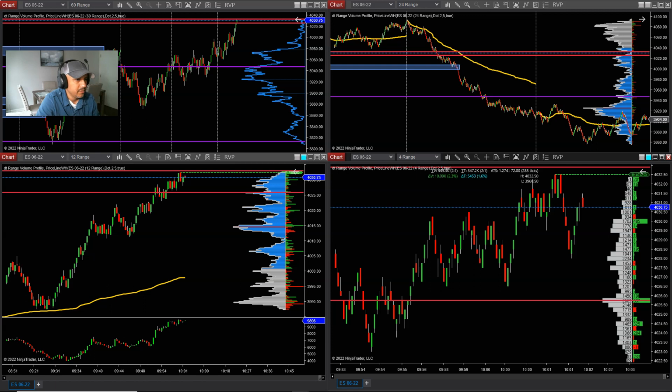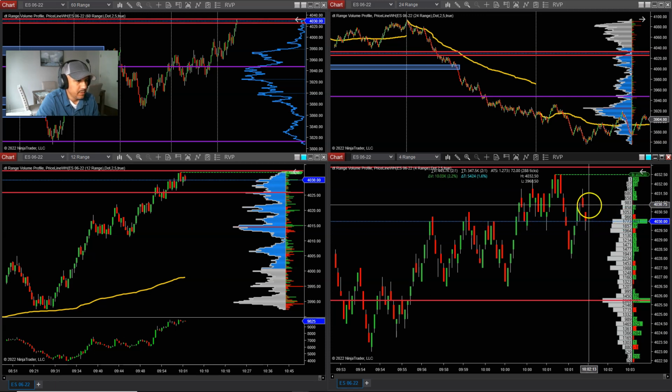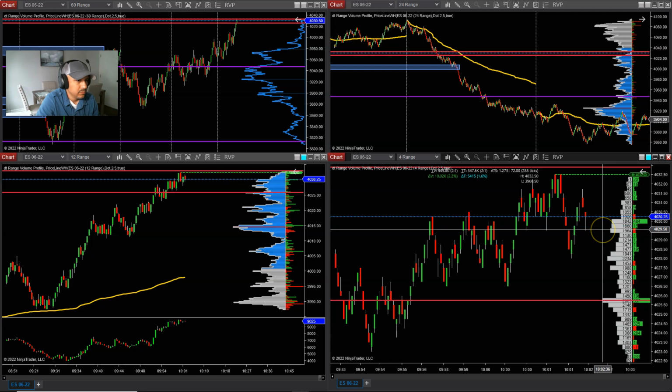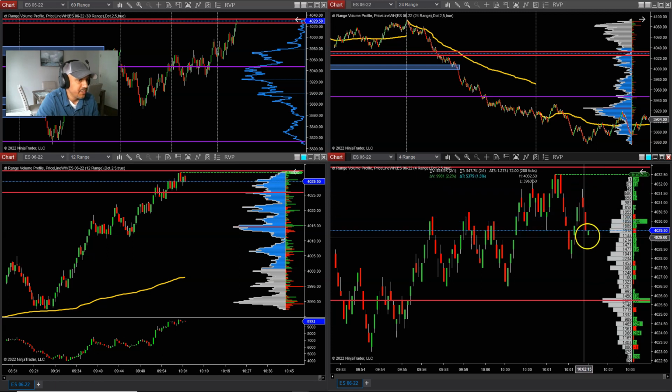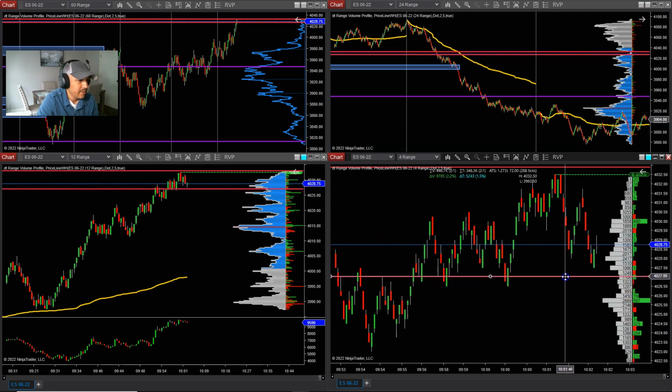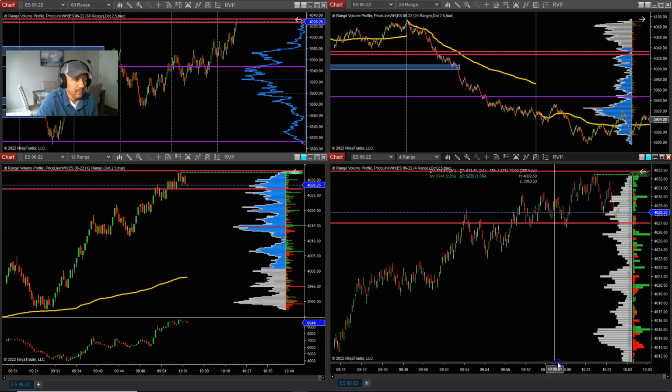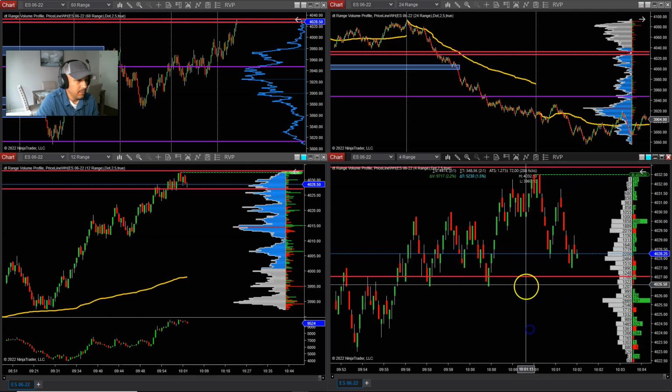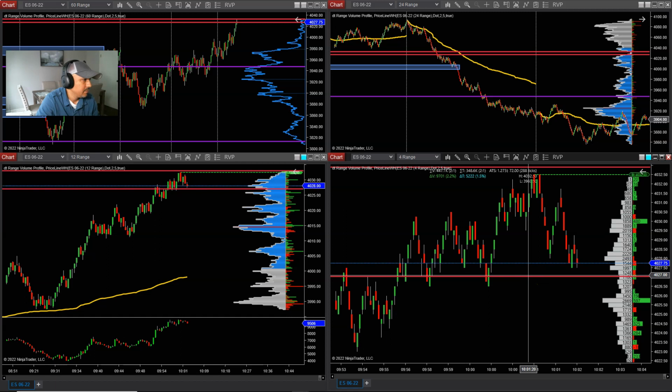So be careful here, though. Yep, there it goes. Could be a little short for a few ticks, but I want to see it come down here and break 27, which is this area right here. It's not quite there.